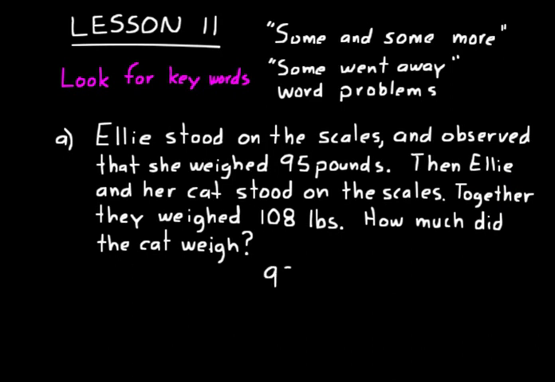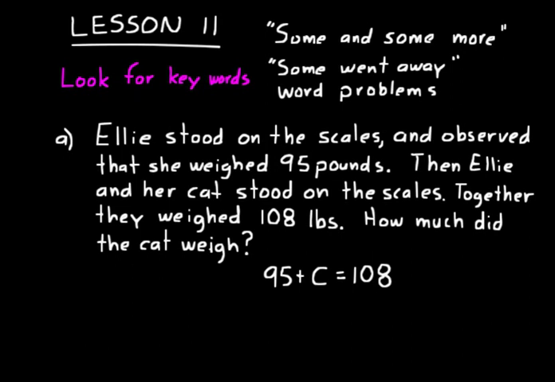Just say 95 plus, we don't know what the cat's weight is. We're trying to find that out. So let's just use a letter to represent the cat's weight, equals 108. When you add those two things together, they weigh 108 pounds. Now think about that missing value that you have to find.